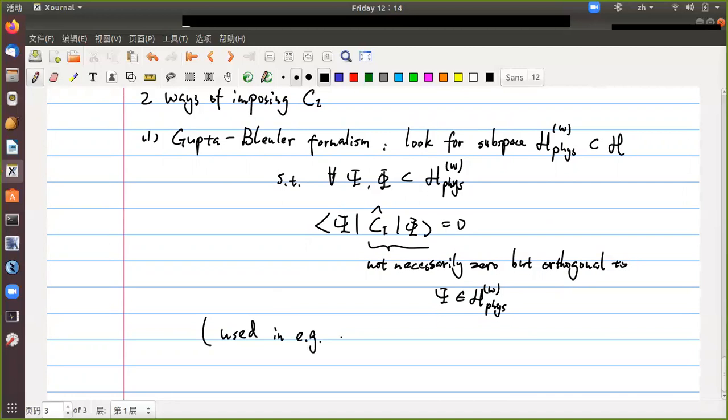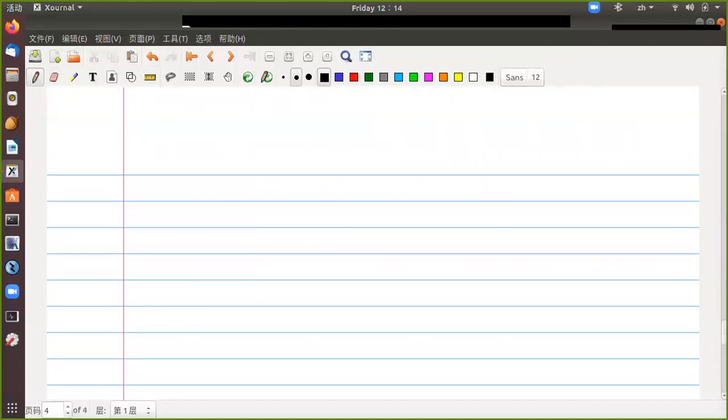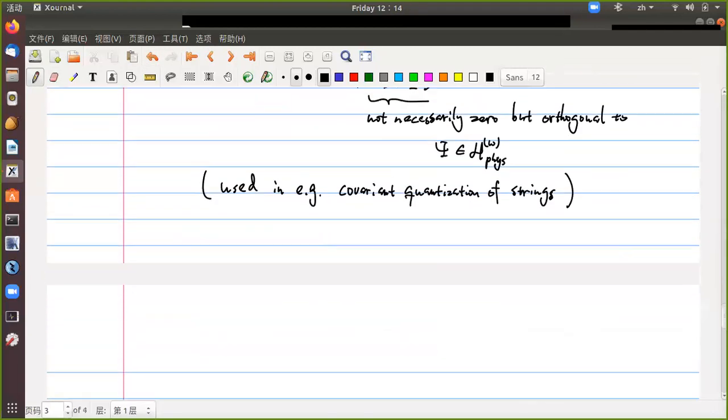It is also used in so-called covariant quantization of string. Okay. All right. But still, this is not exactly what we do in loop quantum gravity.